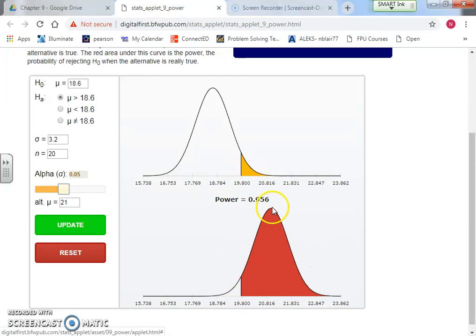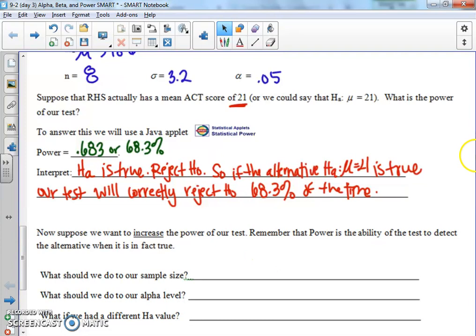So what happened is the centers actually didn't change. My center is still at 21 here, and my center is still at 18.6 here. But what happened is the tails got smaller. But because I increased my sample size, since the tails got smaller, that meant a smaller type 2 error and larger power.